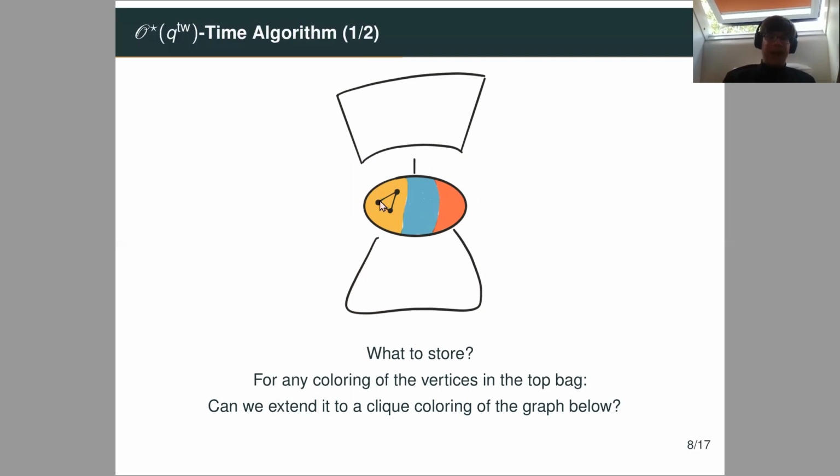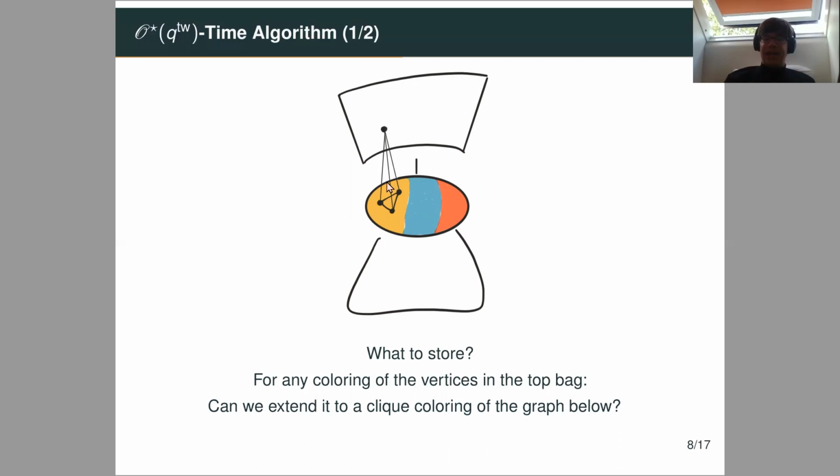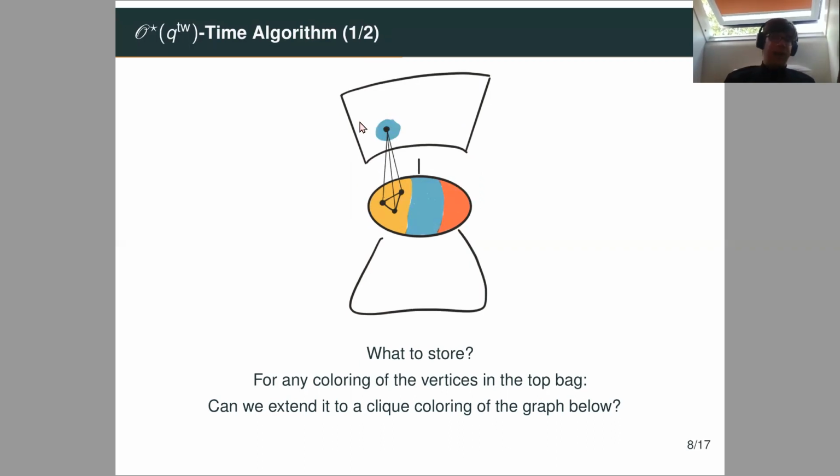So for example, if we have a monochromatic maximal clique like this in the top bag, then maybe there is still some vertex later on in the tree decomposition that is adjacent to all of them. And then we may decide to give this one another color, and we don't have a monochromatic maximal clique anymore. So in this case, we cannot disregard this coloring.